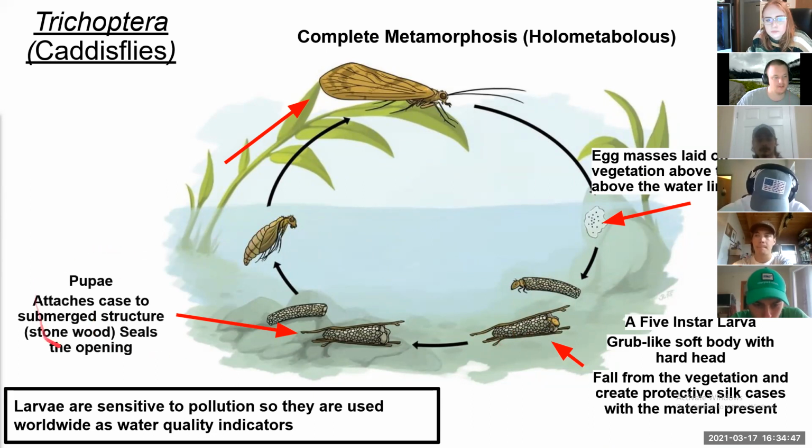And then they go into the pupa phase, which is a lot more like a cocoon. Basically what they'll do is close up this case, the head, and completely conceal themselves in it.